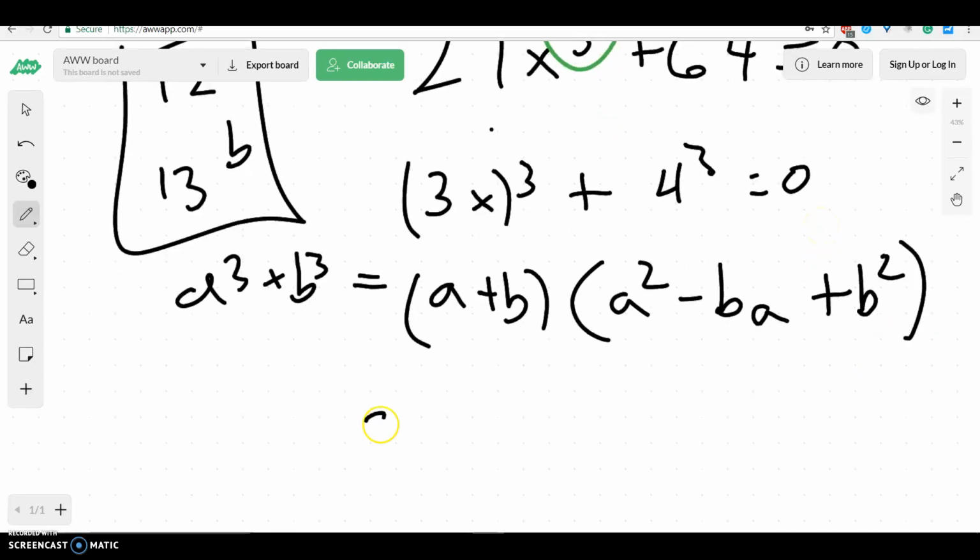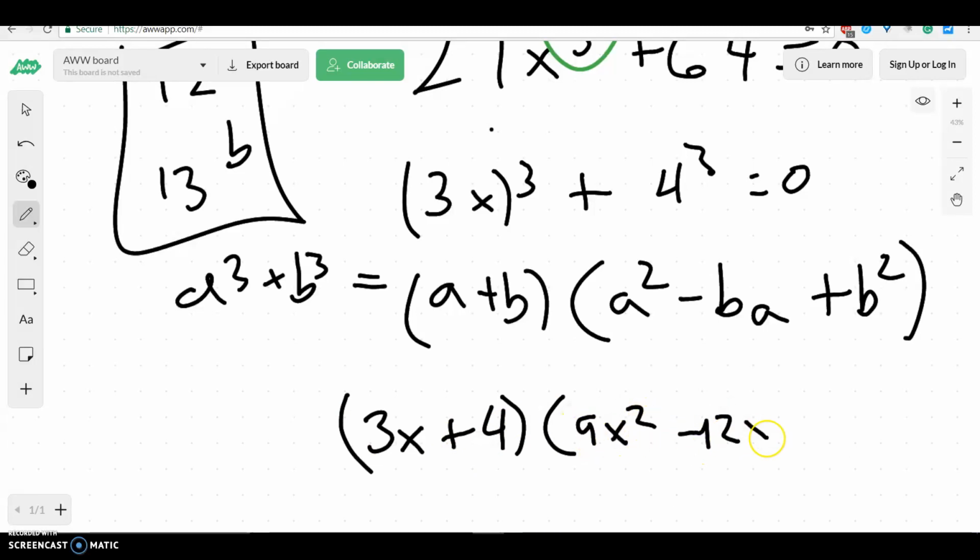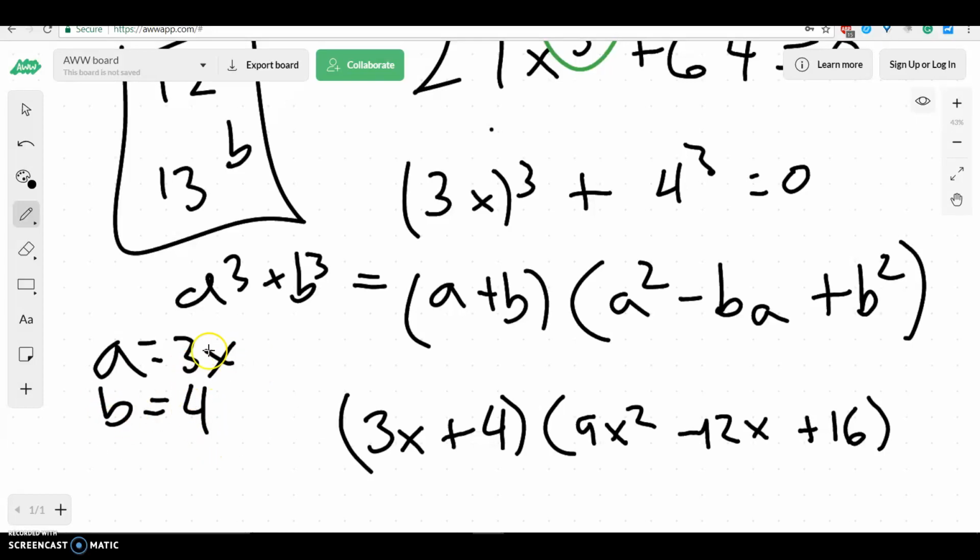So that would be 3x plus 4, times 9x squared minus 12x plus 16. Again, because a in this case is 3x, and b in this case is 4. So I just literally plugged everything in. A was 3x, b was 4. 3x squared is 9x squared. 3 times 4 is 12, and 4 squared is 16.